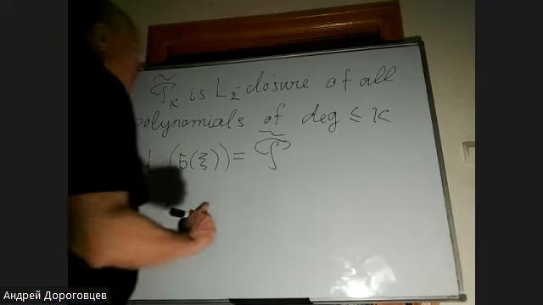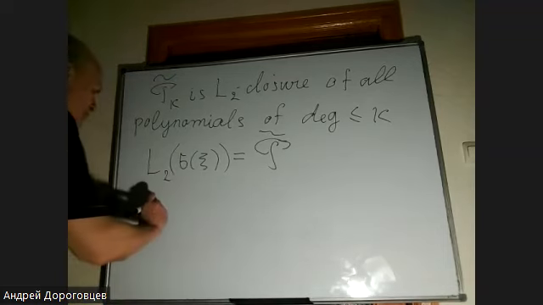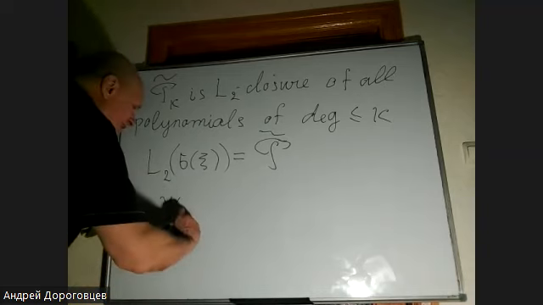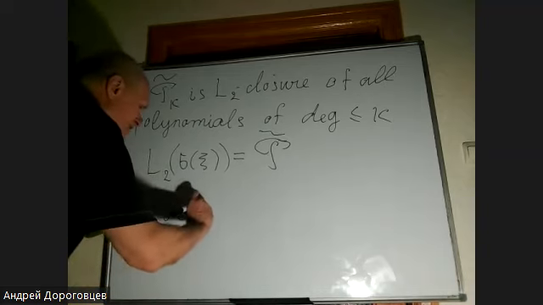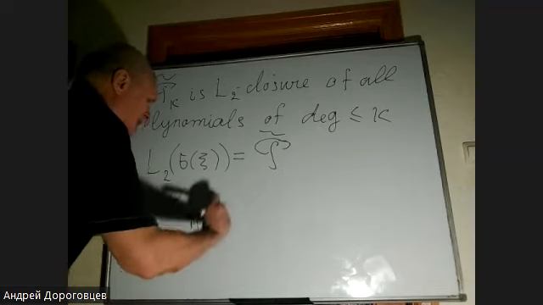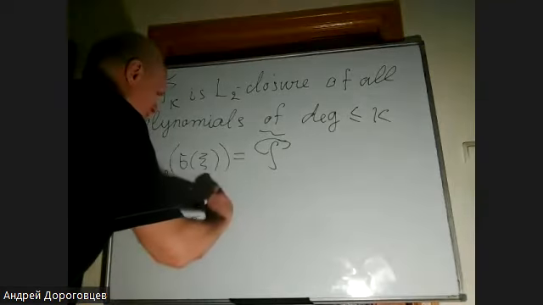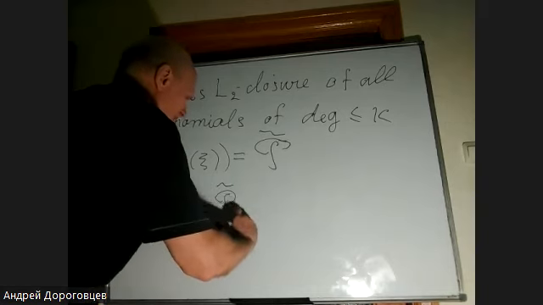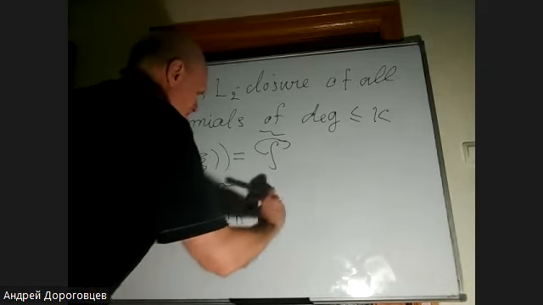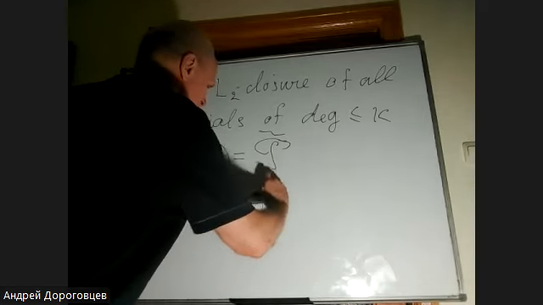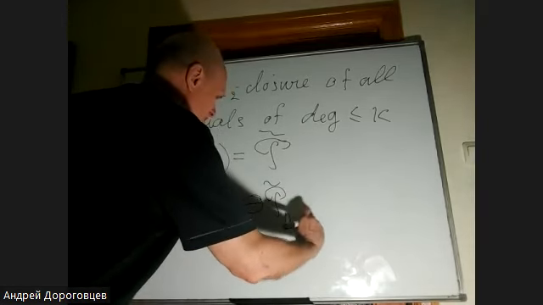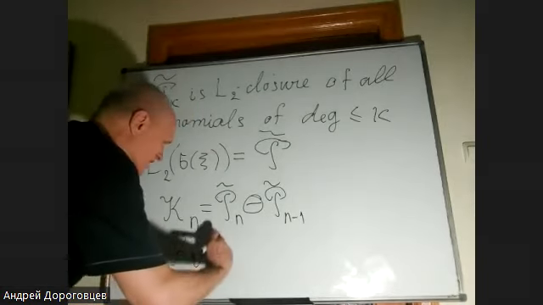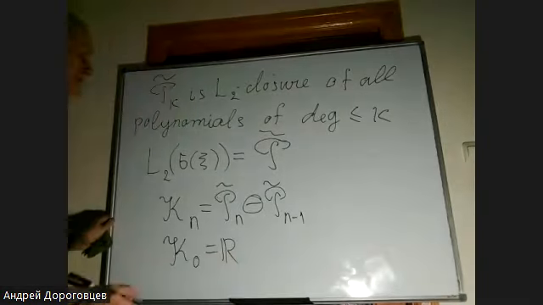And now let us introduce these subspaces K_n, defined as the orthogonal difference of P_n minus P_(n-1). K_0 is just equal to R, so constants.